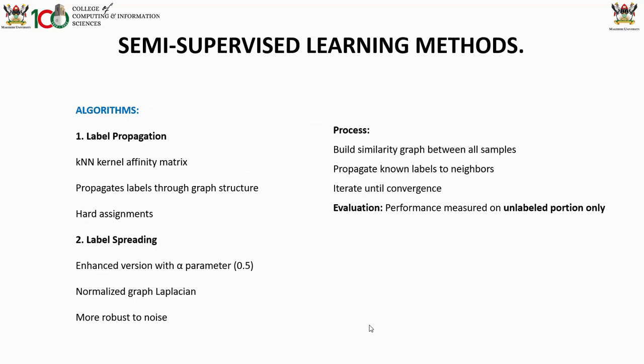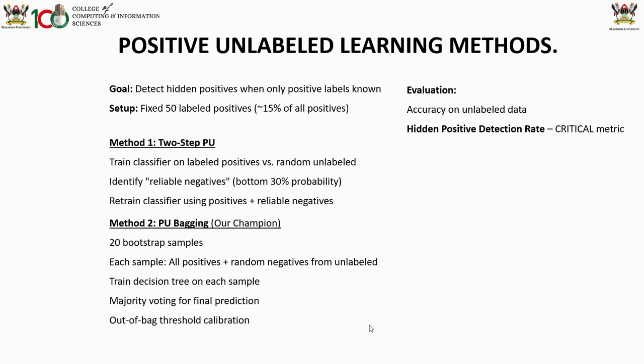Then label spreading, an enhanced version with the alpha parameter, that is 0.5, then normalized graph Laplacian, more robust to noise. So in this case, what's the process followed? We build a similarity graph between all samples, propagate known labels to neighbors, and iterate until convergence. In this case, the evaluation, that is performance, is measured based on the unlabeled portion only.